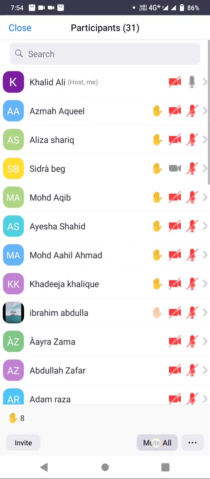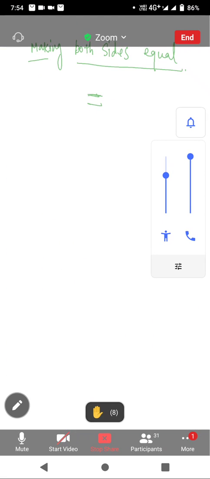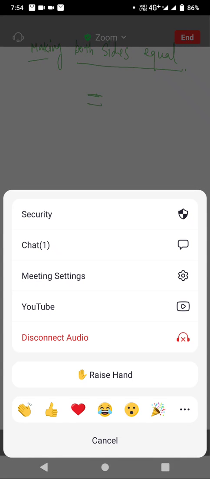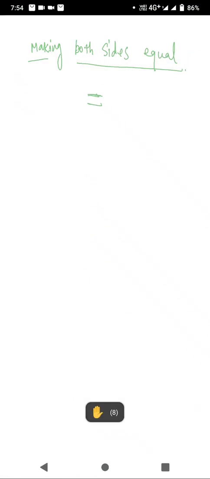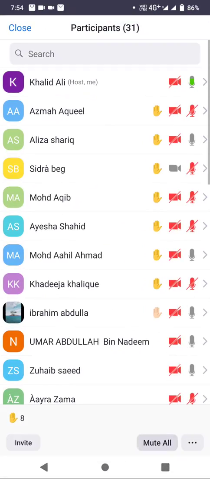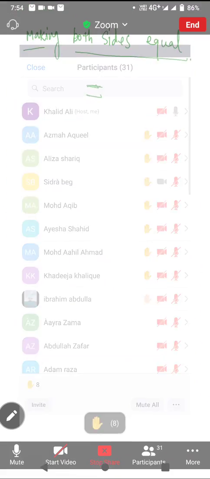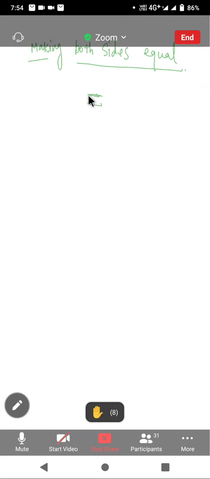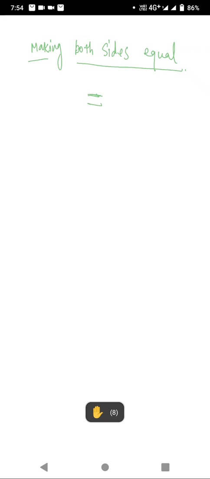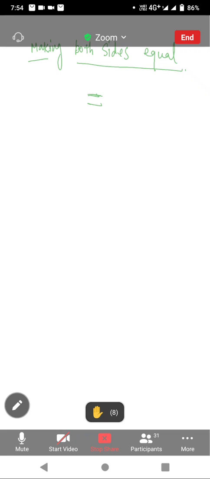Equal. Equal to. Very good. This is the symbol of equal to. Okay, this is the sign of equal to. When we put this sign, when we have same things. Okay, look here.